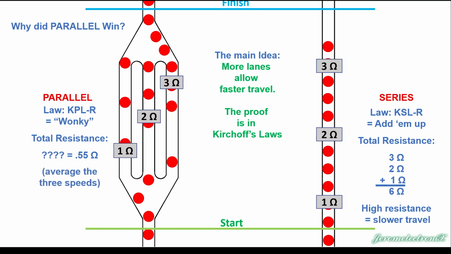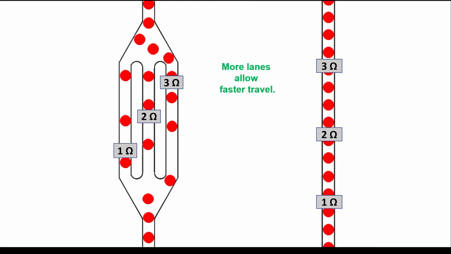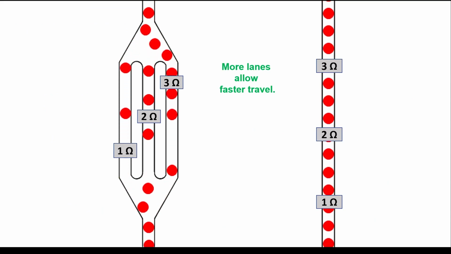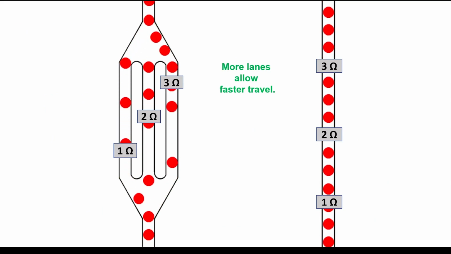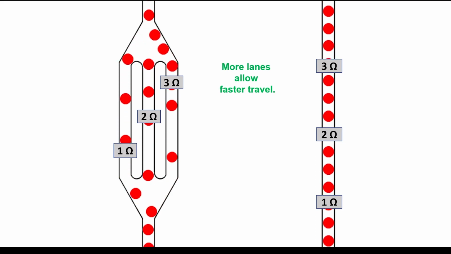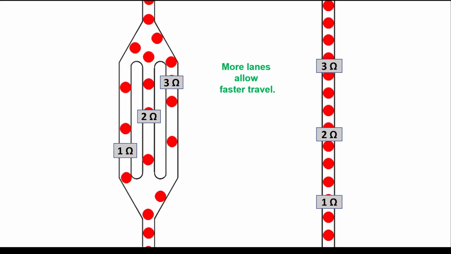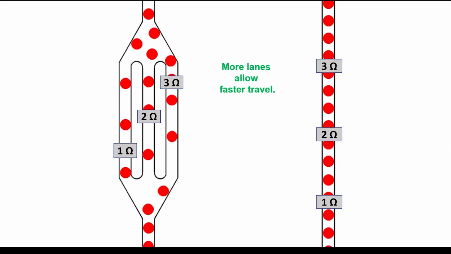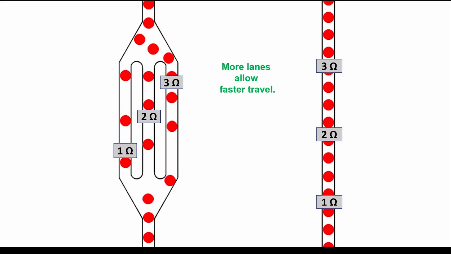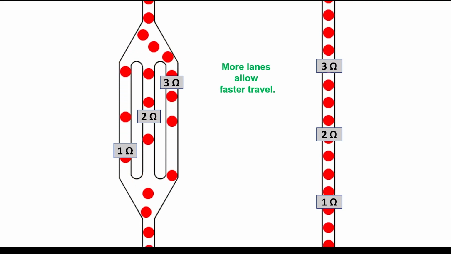Okay. In a way, it's averaging the three speeds. That means we have lower resistance, faster travel, and so there's more lanes. And so you can see that the current of electrons flows faster through a parallel circuit than it does through a series circuit. More lanes allow faster travel.